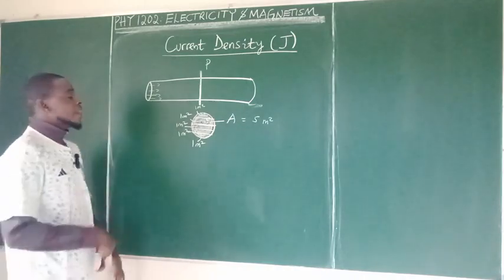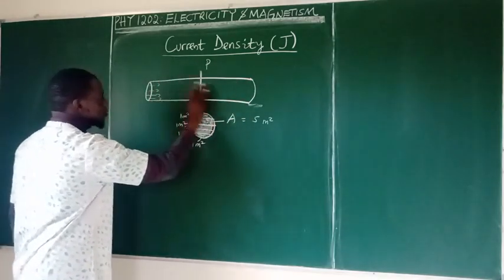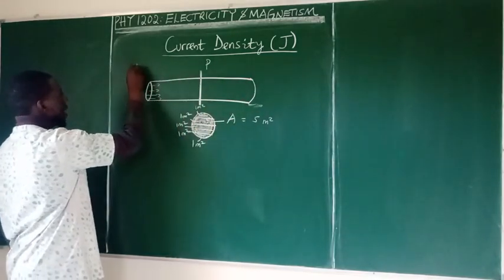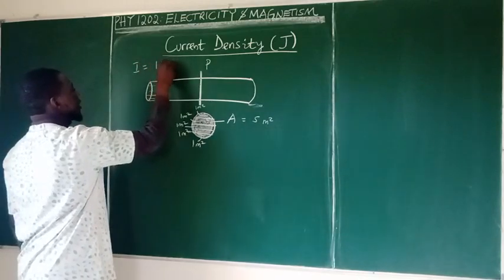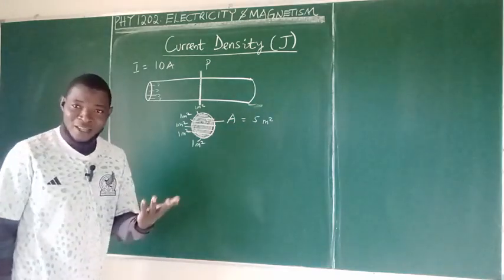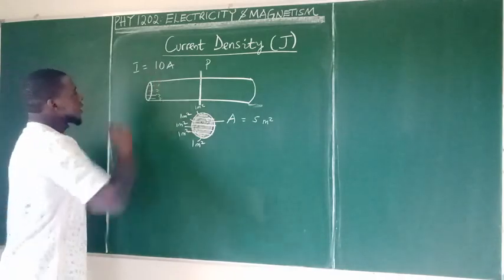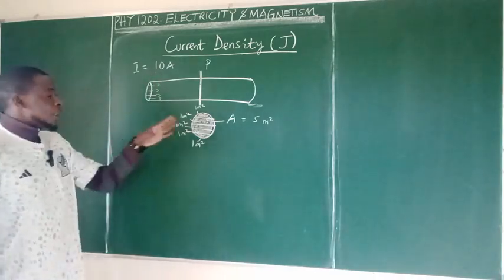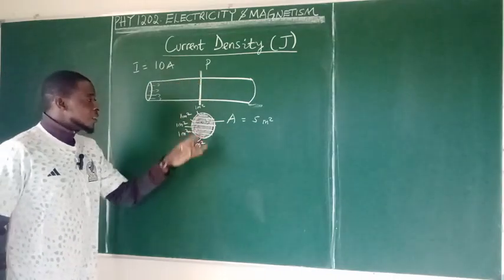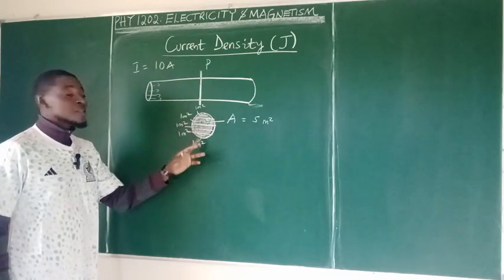Now, another assumption. Let's assume that the magnitude of current flowing through this conductor, I, is 10 amperes. I know it's a big current, but it's just for demonstration. When this 10 ampere flows through this point, it will be divided equally among these parts.